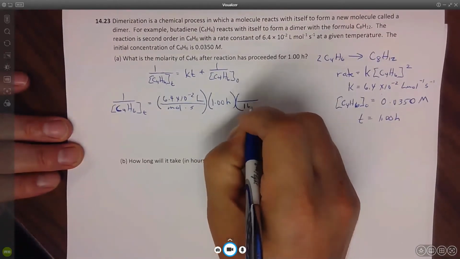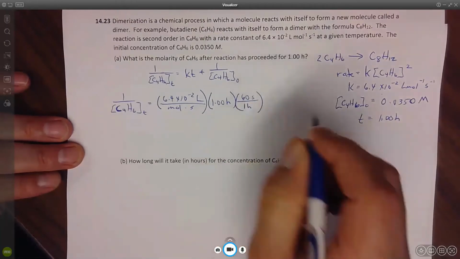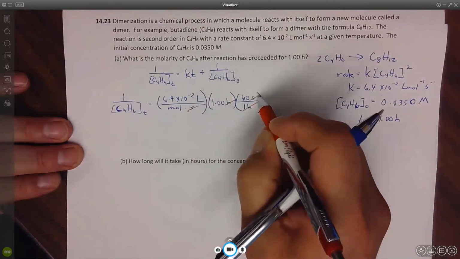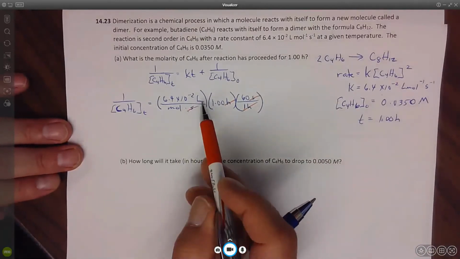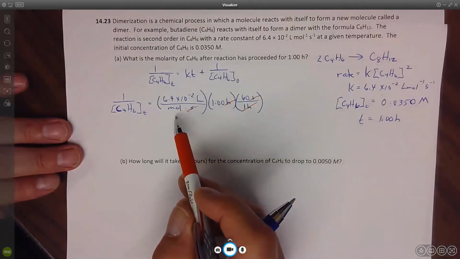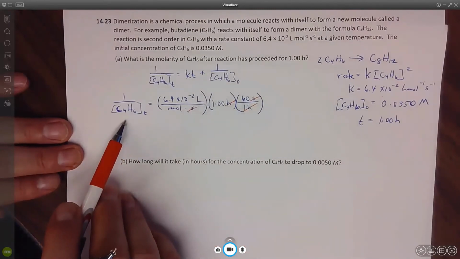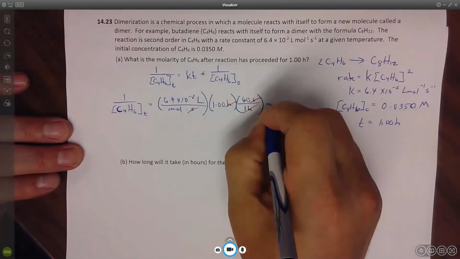So we know in 1 hour there is 60 seconds. Now the hours cancel and the seconds cancel, and we are going to get liters over mole. Now that's the inverse of molarity, but that makes sense because this is the inverse over here. Okay, so that's good. We got the right units.